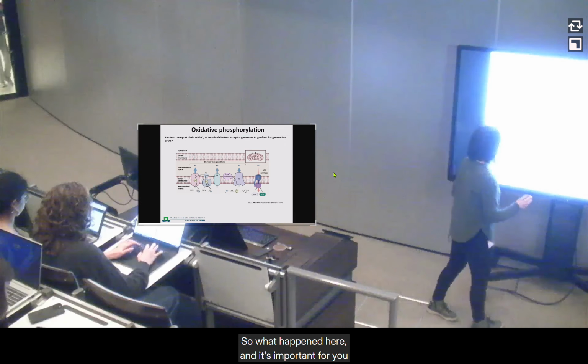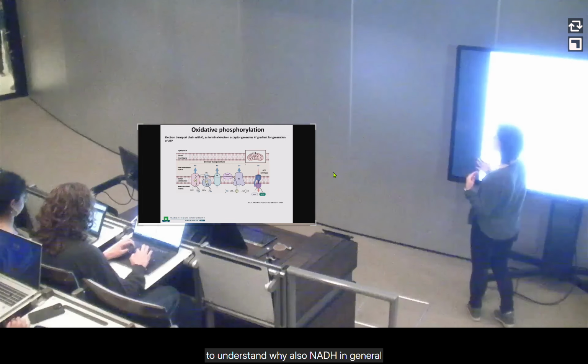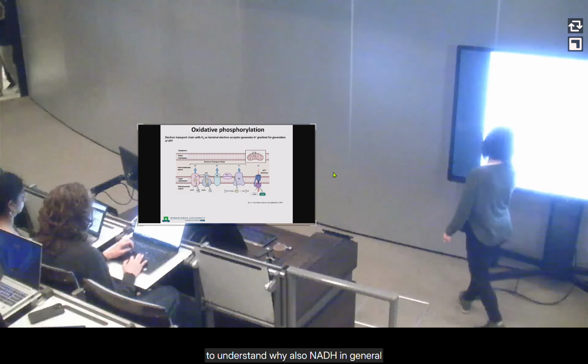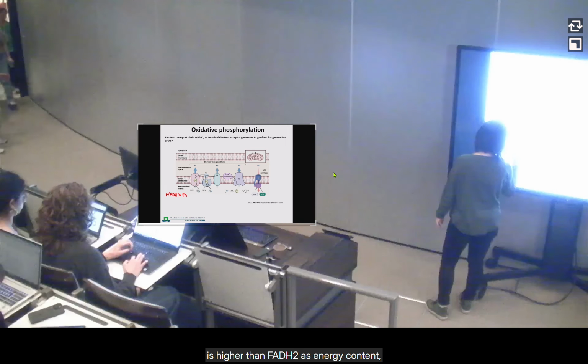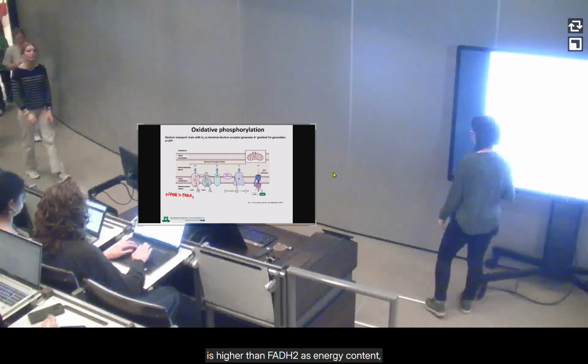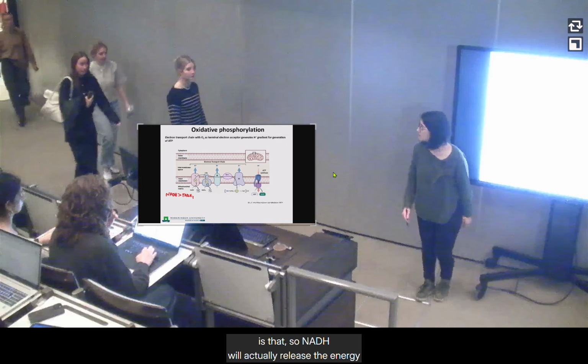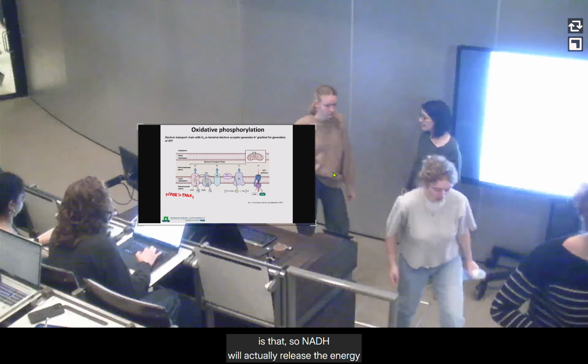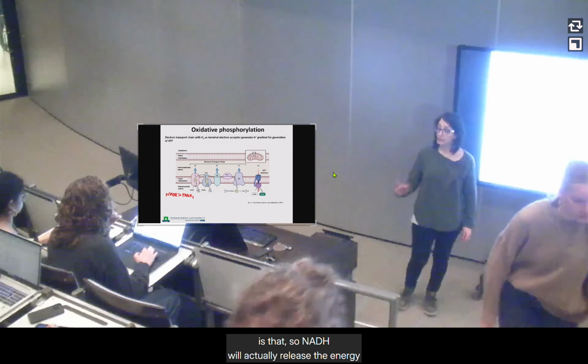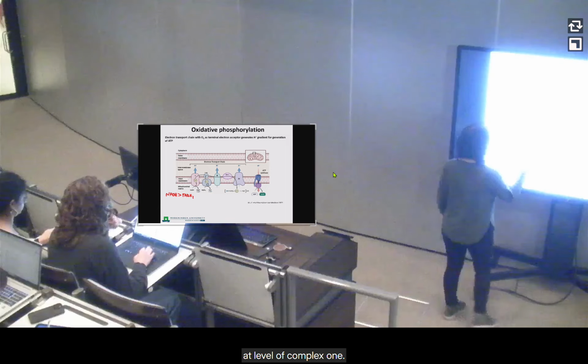So what happened here, and it's important for you to understand why also NADH in general is higher than FADH2 as energy content, is that NADH will actually release the energy at level of complex 1.